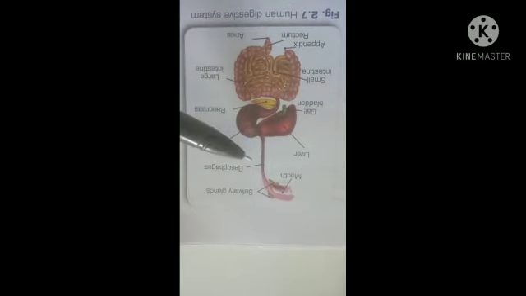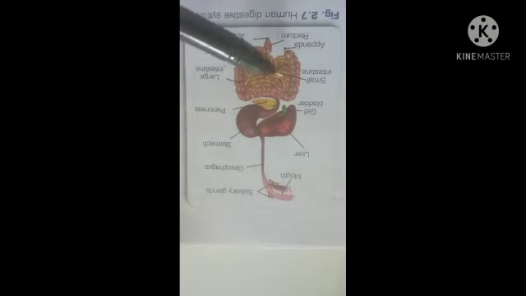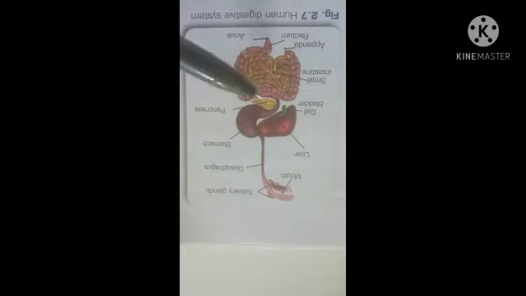Pharynx leads to esophagus, esophagus to stomach, stomach to small intestine. You can see the network of fine tube-like structures. It is the small intestine. Small intestine leads to large intestine, and large intestine opens to outside.